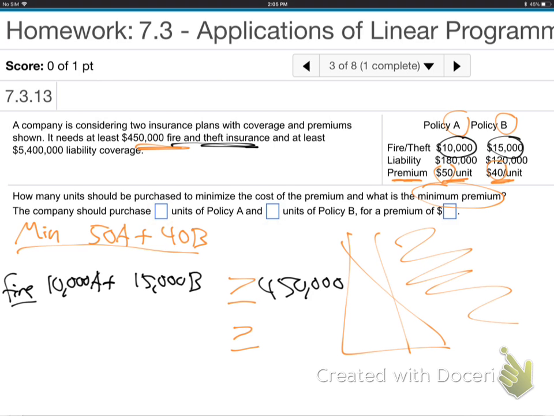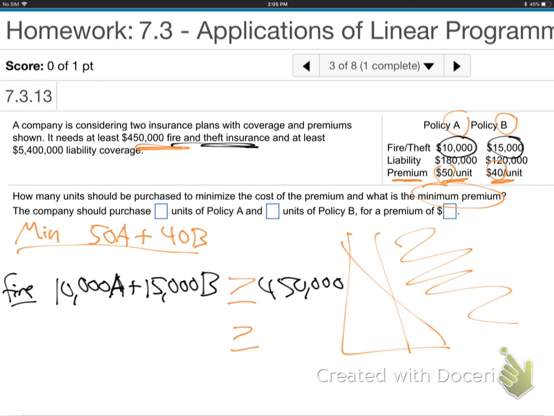Try that. Now get the other one. Make that a little nicer. Good.